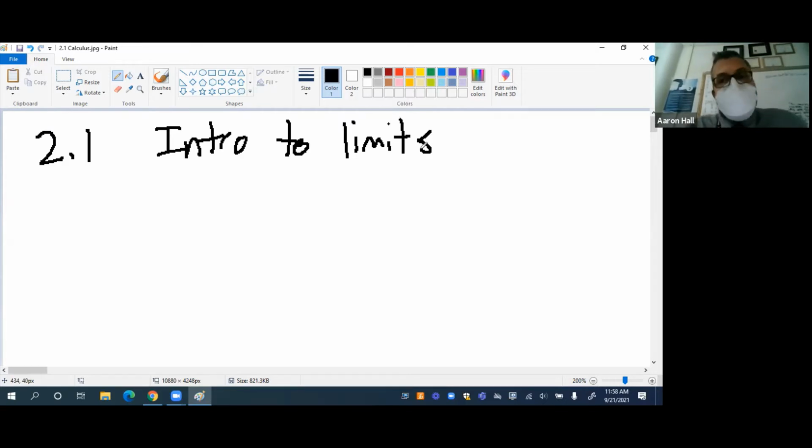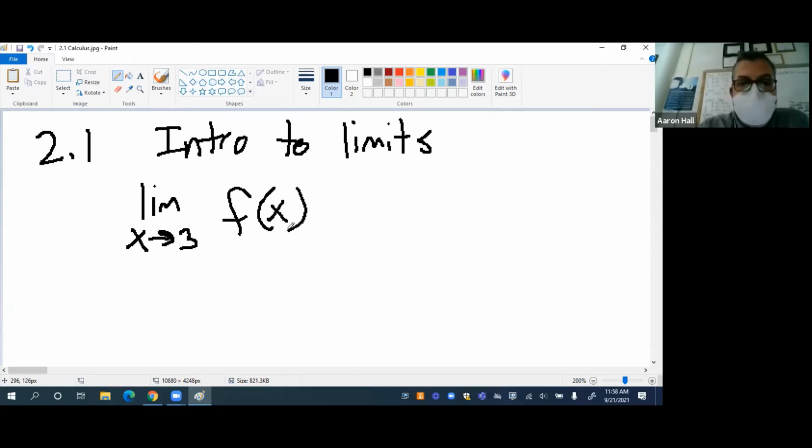All right, well, what is a limit? The notation for a limit looks like this. I have the limit as x approaches some value, say 3, of some function f of x, we'll just call that 2x plus 1.